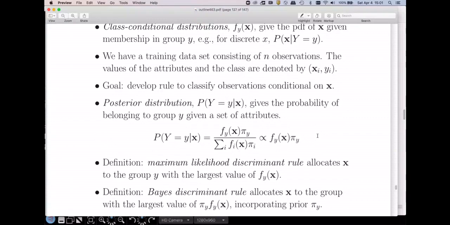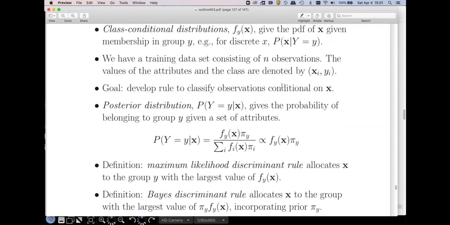Now, definition. The maximum likelihood discriminant rule simply says this. We're going to assign a training case with values x to the group y with the largest value of the class-conditional distribution.